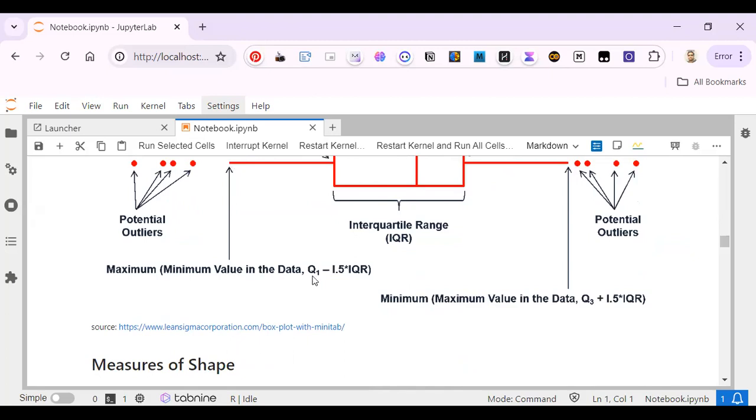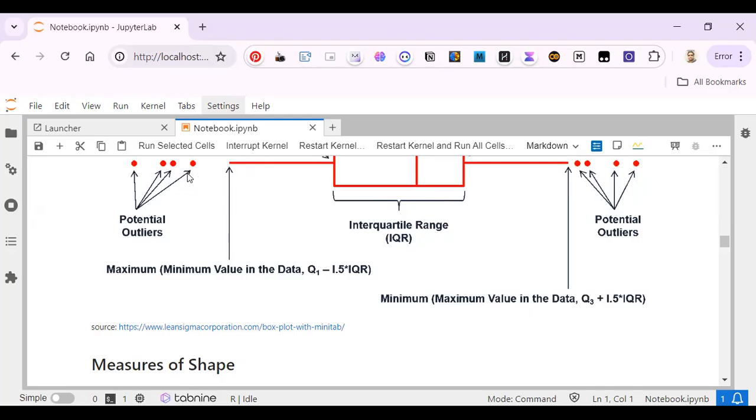The minimum value in the data, Q1 minus 1.5 times IQR. So that is this value. This value indicates Q1 minus 1.5 times IQR, and this indicates Q3 plus 1.5 times IQR. These edges indicate Q1, these edges indicate Q3, and this point indicates Q2 or the median.